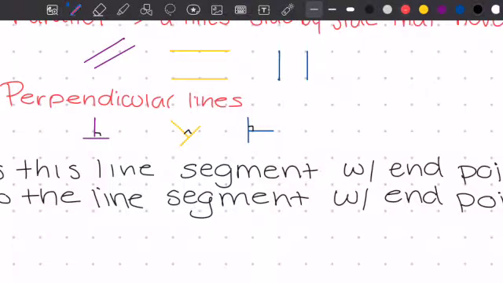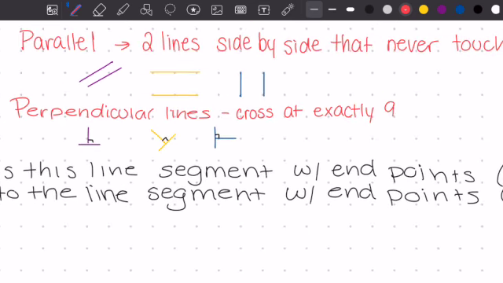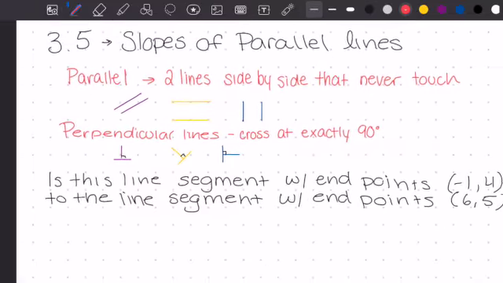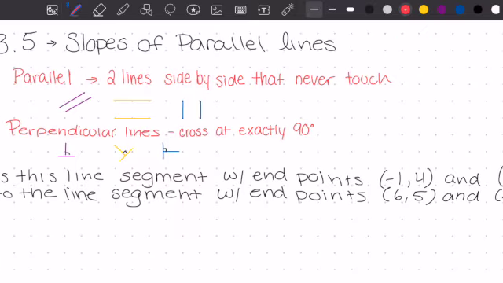So perpendicular lines cross at exactly 90 degrees. Okay? So that's parallel and perpendicular.